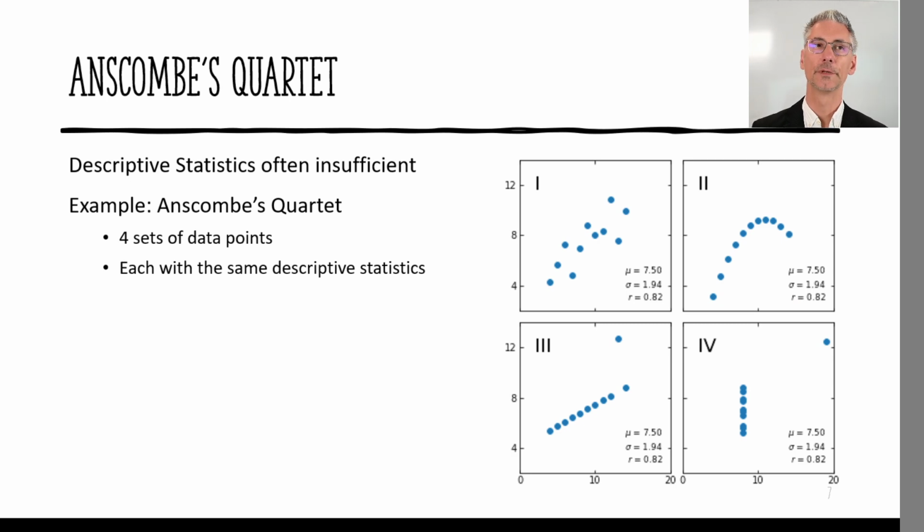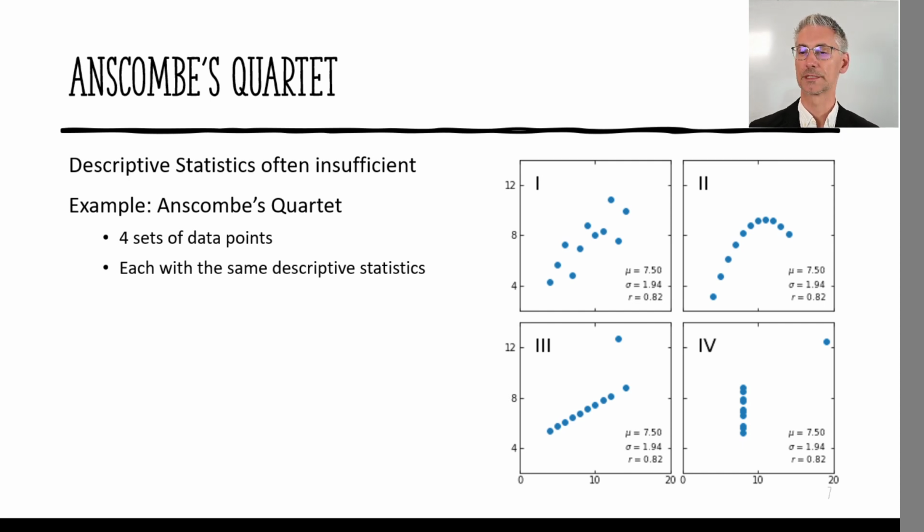However, these simple metrics are often insufficient, and a nice illustration is Anscombe's quartet. These are 4 sets of data points, and they all have the same exact descriptive statistics, so they have the same mean, the same variance, and the same correlation coefficient. And you can see the 4 illustrated here.